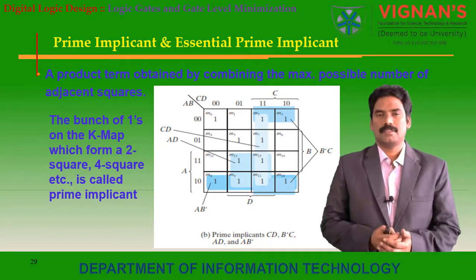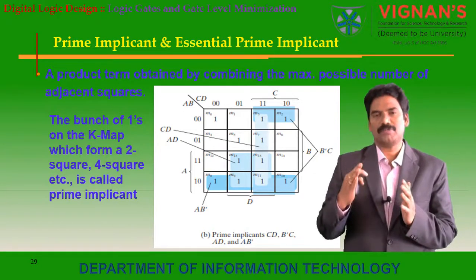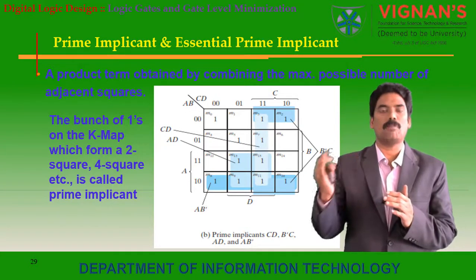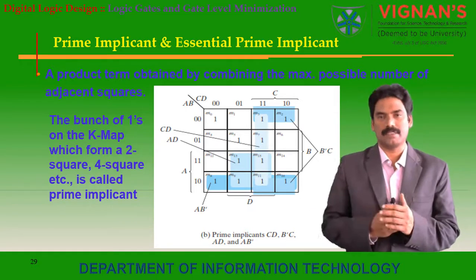Prime implicant and essential prime implicant in K maps. In a K map, a product term obtained by combining the maximum possible number of adjacent squares is called a prime implicant.